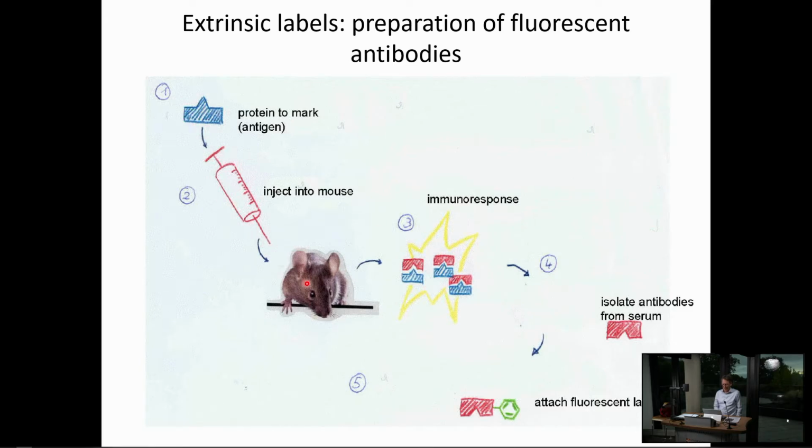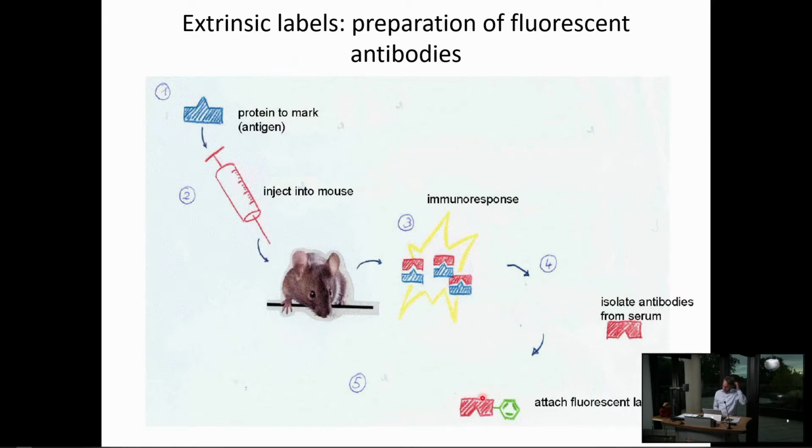I inject it into the mouse, and the mouse then recognizes something in its body that it doesn't want. So there's an immune response to it, and the antibodies, highly specific antibodies shown here in red, that really only fit this molecule very specifically are produced naturally in the body. You isolate this from the blood plasma of the mouse. You take that out. You isolate it from the serum of the mouse, and then you have the antibodies.